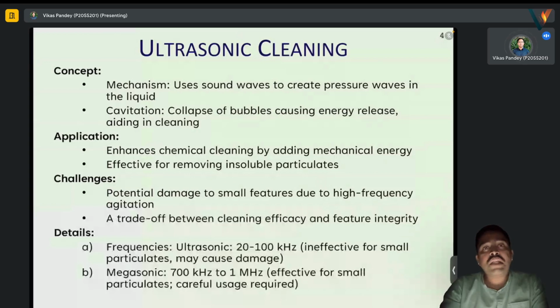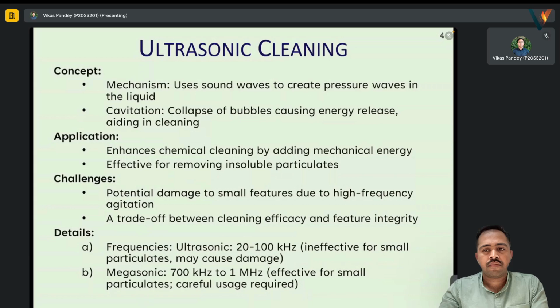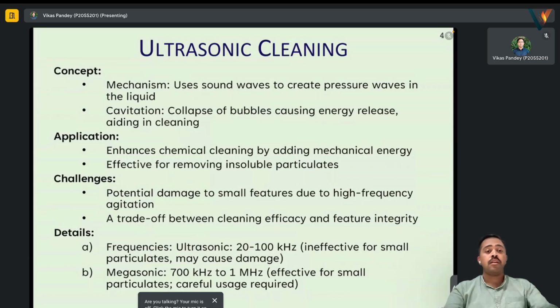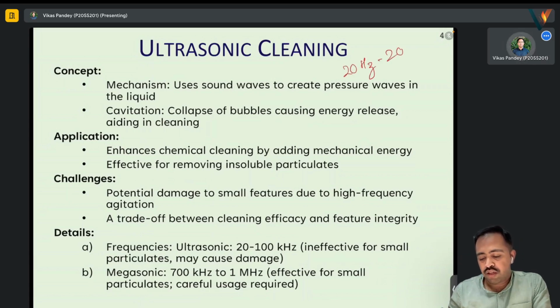The first one is ultrasonic cleaning. In this case, we are using ultrasonic waves. We already know that the frequency we are able to hear is 20 hertz to 20 kilohertz, right?